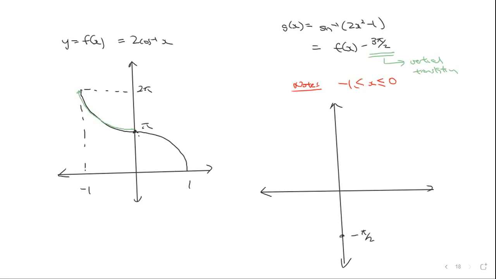And 2 pi is now going to become pi over 2. And you'll get something that looks like this. So this is y equals g(x), which we note is f(x) minus 3 pi over 2 for x between 0 and -1. And that's how you did the question.